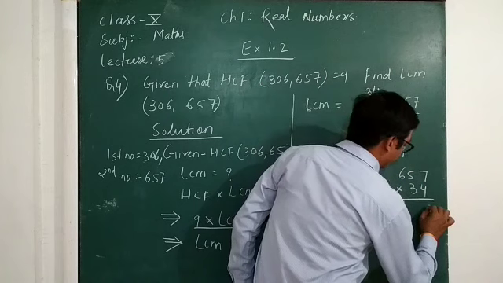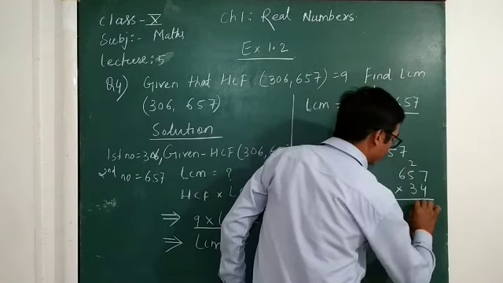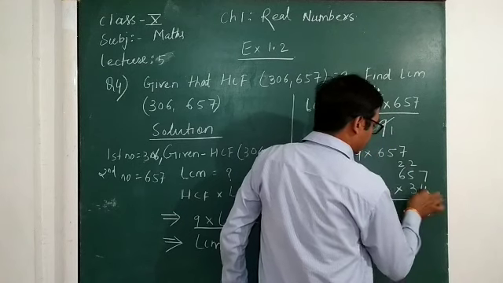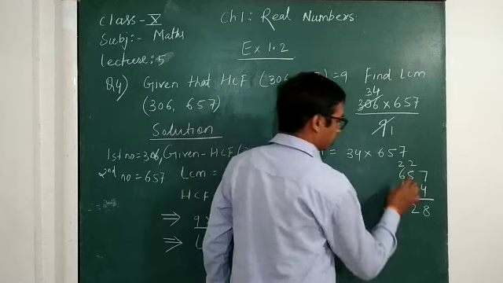So 4 sevens are 28, 8 carry 2; 5 fours are 20 plus 2 is 22, carry 2; 6 fours are 24 plus 2 is 26.